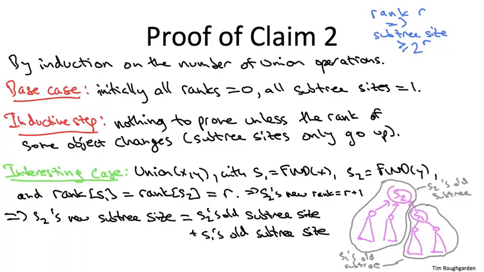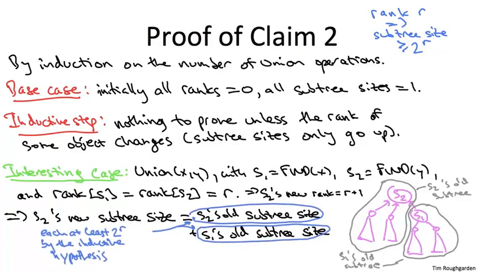So before this union, both of their subtree sizes were at least 2 to the R. So S2's new subtree size is bounded below by 2 to the R plus 2 to the R, a quantity also known as 2 raised to the R plus 1. Quite conveniently, R plus 1 is S2's new rank. So even with S2's new bigger rank, its subtree size is still meeting the lower bound, meeting the target of 2 raised to that new rank, 2 raised to the R plus 1. So that completes the inductive step.